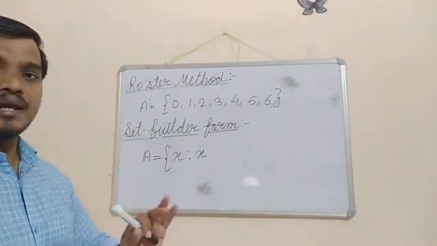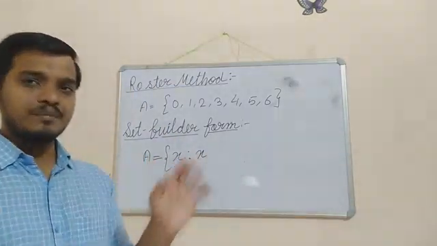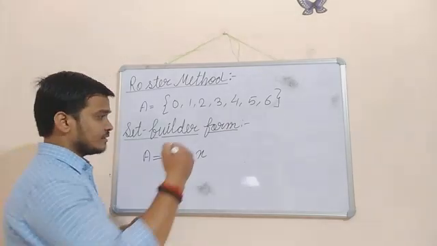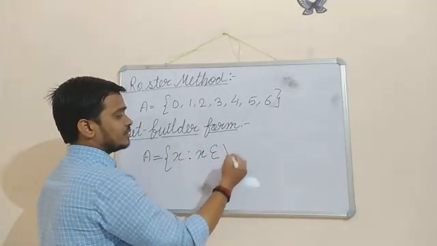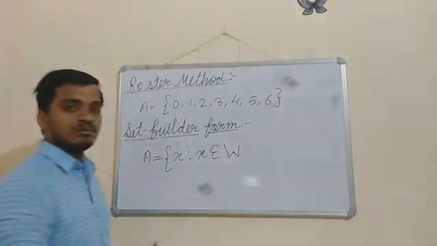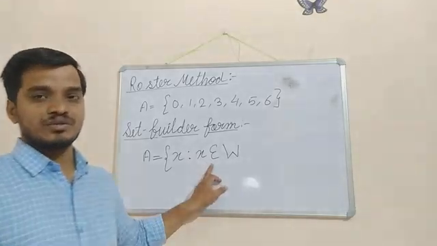Or simply, in place of this you can write one more thing. As I have written, X is a whole number, it was 100% correct. This full statement you can write in one line only: X belongs to W. This sign we call "belongs to".